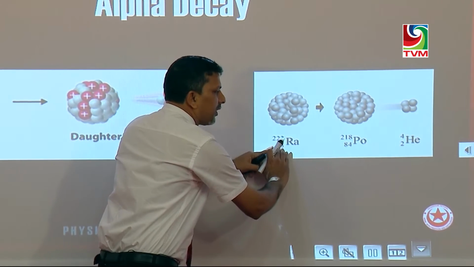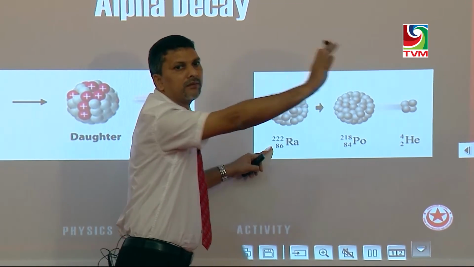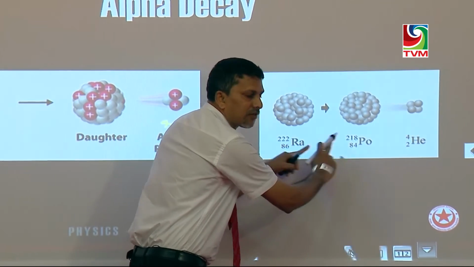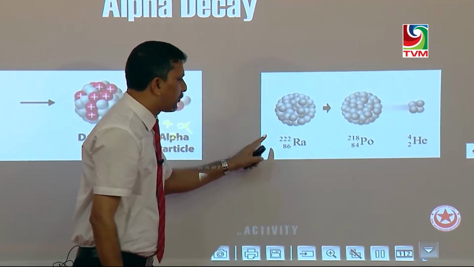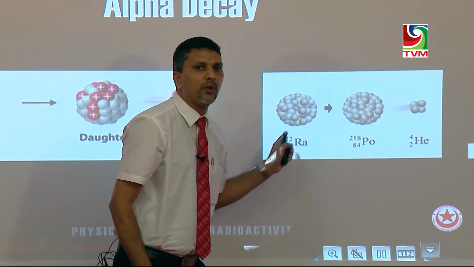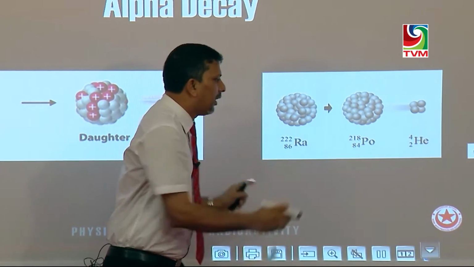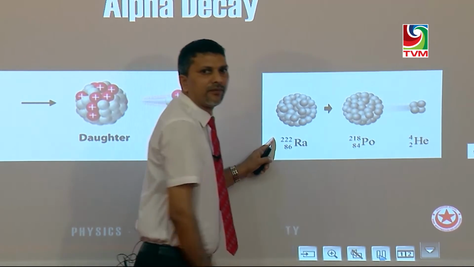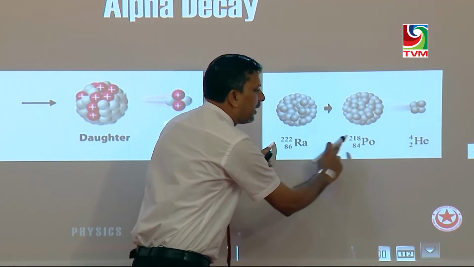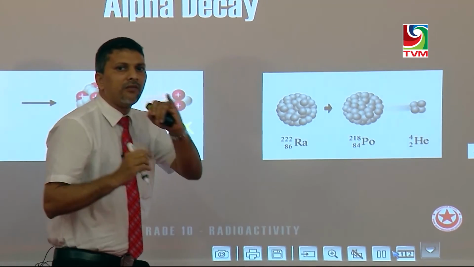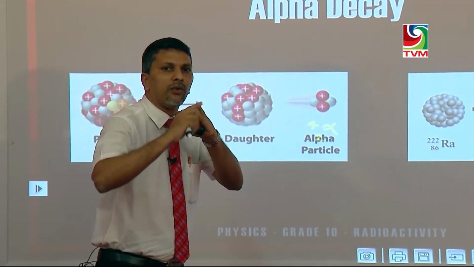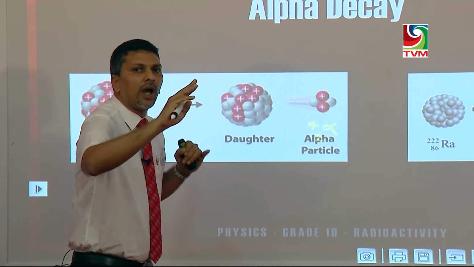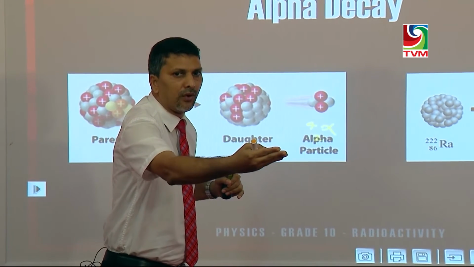Look, from this 86, 2 protons are gone. That means 86 changes to 84, and 2 neutrons are also lost. So the mass number decreases by 4 and the atomic number decreases by 2. When an alpha decay occurs, for the new element the atomic number decreases by 2 and the mass number decreases by 4.